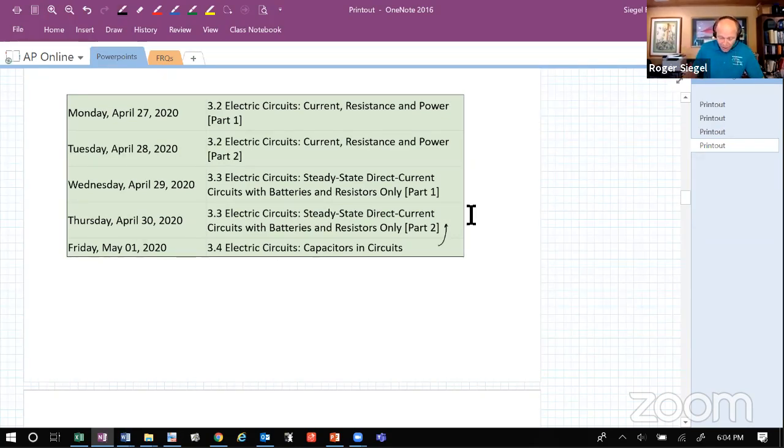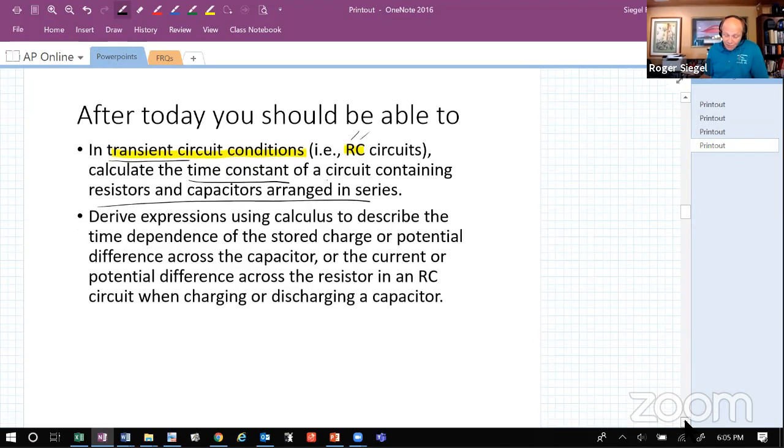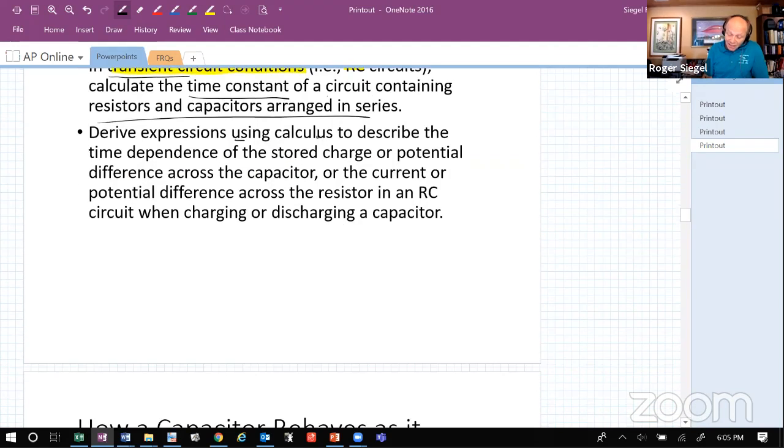Today we are going to talk about transient circuit conditions, things that are changing. RC stands for resistor capacitor, and that's what we're going to study. Calculate the time constant of a circuit containing resistors and capacitors arranged in series, and derive expressions using calculus, ladies and gentlemen. Yes, it's exciting.